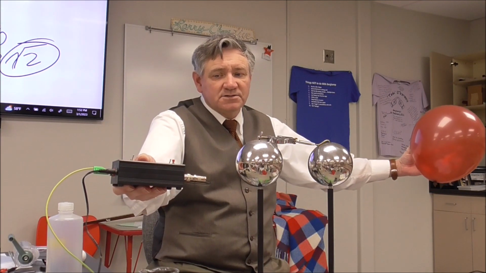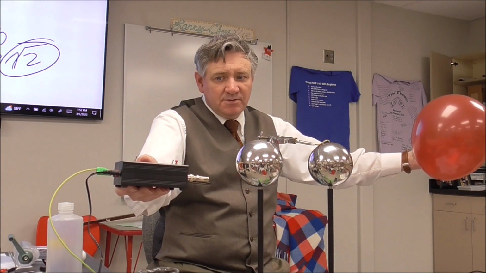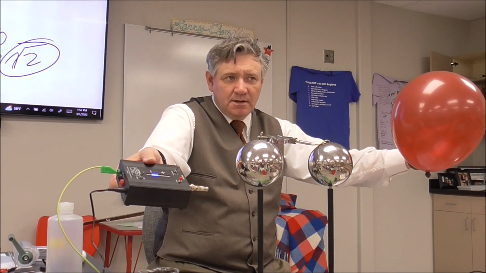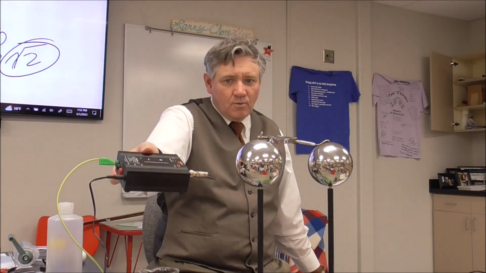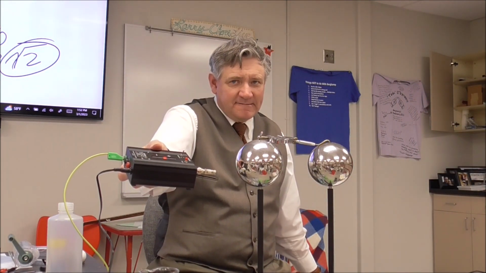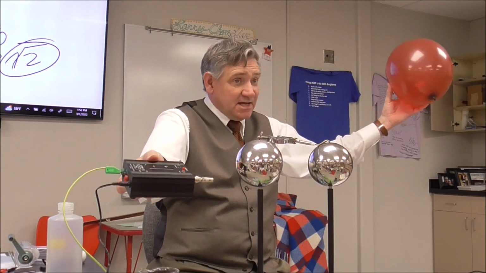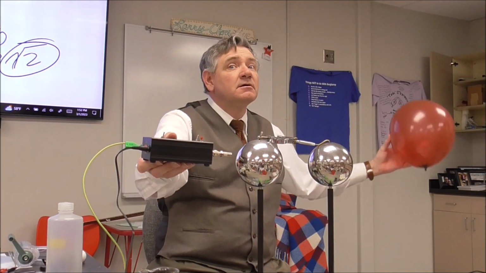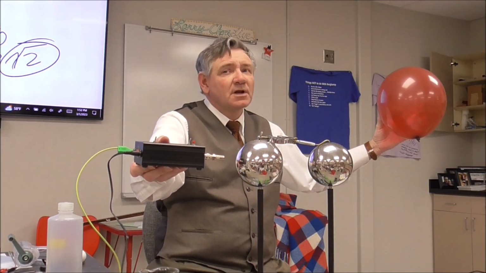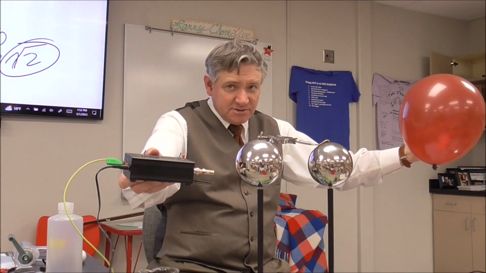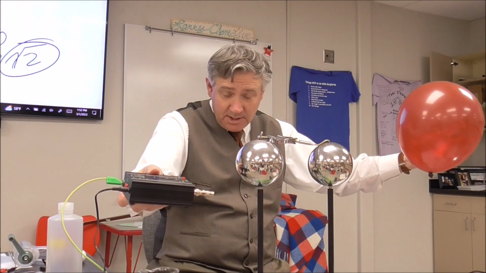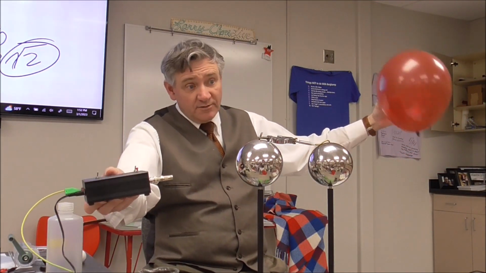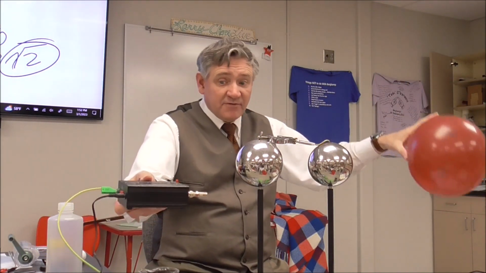Now, as soon as I bring this balloon near, you'll notice that it starts to light up and go negative. Why? Because this is negatively charged, very negatively charged, so it induces a positive charge on the right one, and all the negative electrons are pushed over to the other side. So, as I bring this negatively charged balloon near, the electrons are being pushed over.